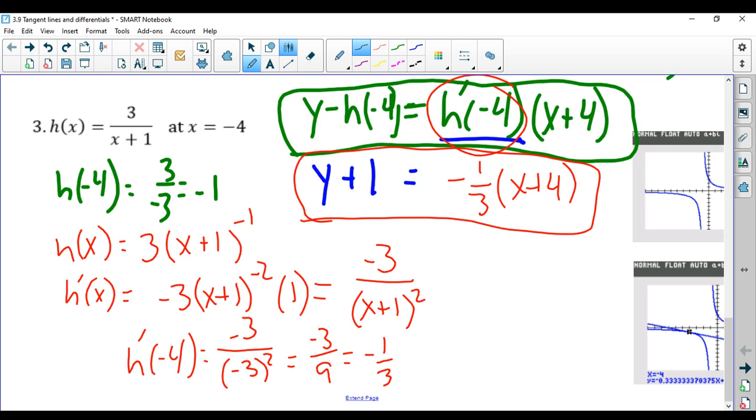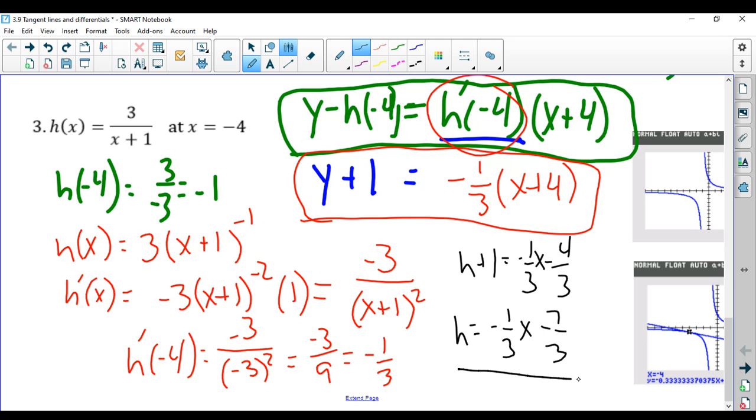This is a fine form. I have y plus 1 equals -1/3 x minus 4/3. You subtract 1 from both sides, so -4/3 minus 1 is -4/3 minus 3/3, which is -7/3. That's what the calculator should give you.